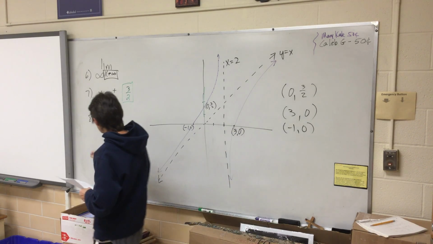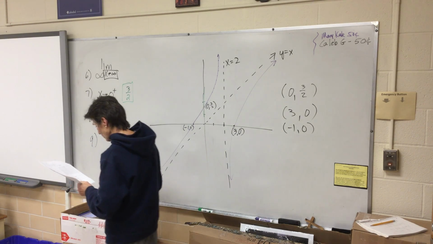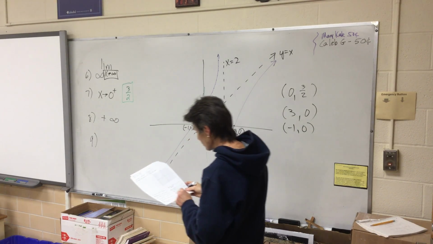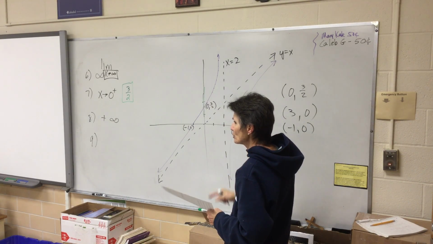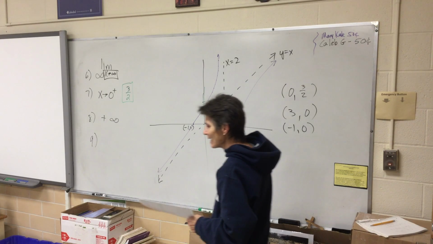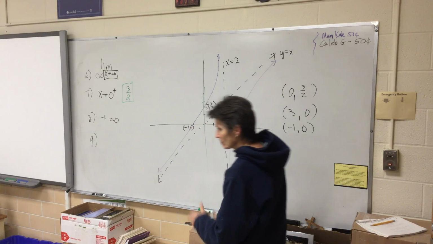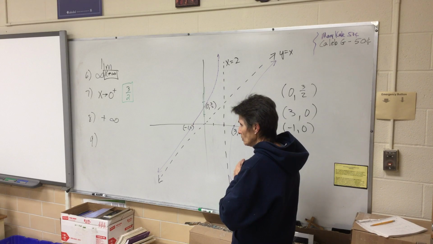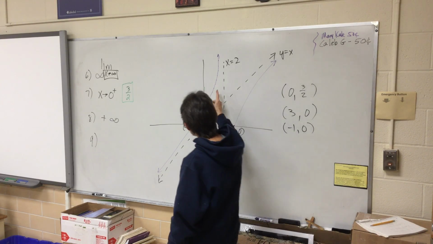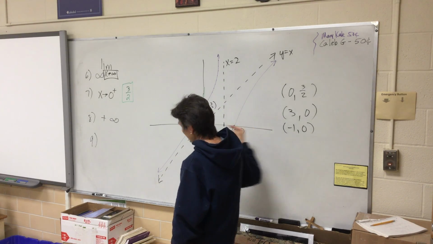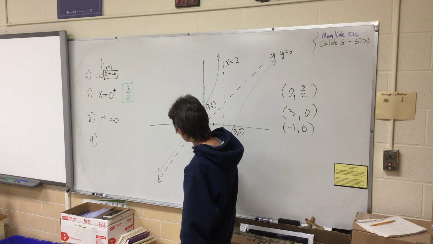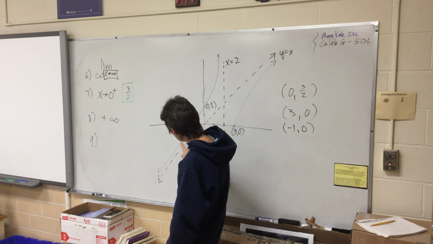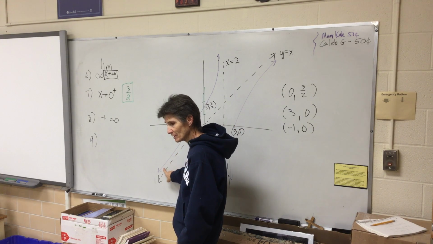Number 9. Where does number 9 tell me to look? It says right there in the problem, x is approaching negative infinity. Where does that happen? On the left. So I'm looking at the left side of my picture and I'm going left as far as I can. So all these x values are going left.